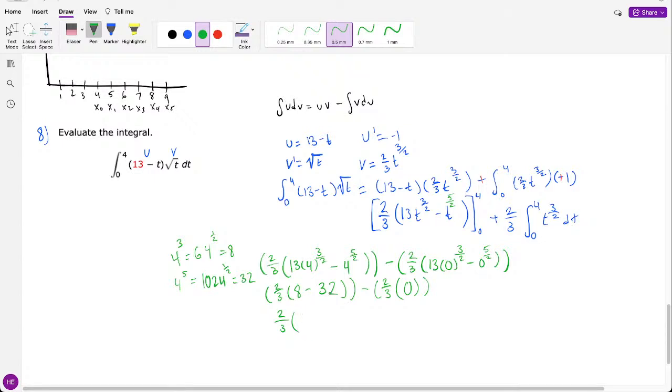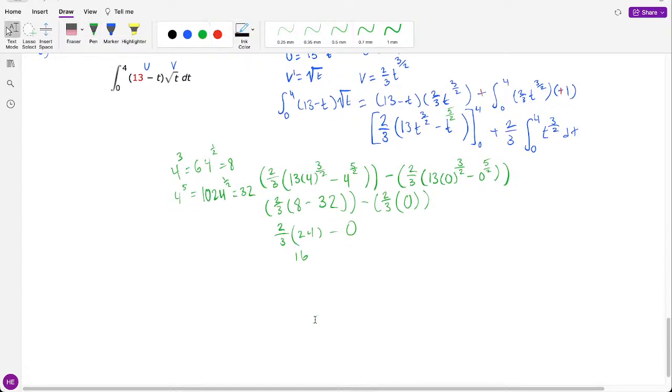What's 8 minus 32? The 2, 6, so 30 minus 6 is 24. 24 divided by 3 is 8, right? So you just have 8 times 2, and that's 16, because that'll be minus 0. Okay, so 16 is the first half, but do we add in the last little bit?